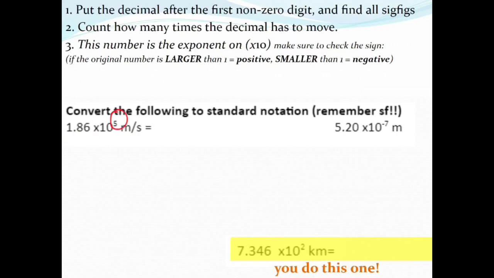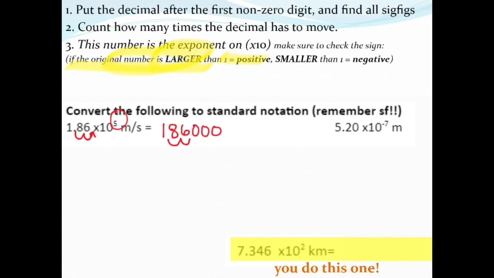The only question really is, am I moving it left or right? And if you remember that the original number is going to be larger than 1 if it has that positive exponent, well, this is positive, so I need to move this decimal a direction that's going to make this number larger than 1. So if I start trying to move it left, oh wait, 0.1 is not larger than 1, so I'm going to move it right instead. And I need to move it 5 times, but there's only 2 numbers there to move it past. So that means after those 2 numbers, I'm going to be adding zeros to the end of that number.